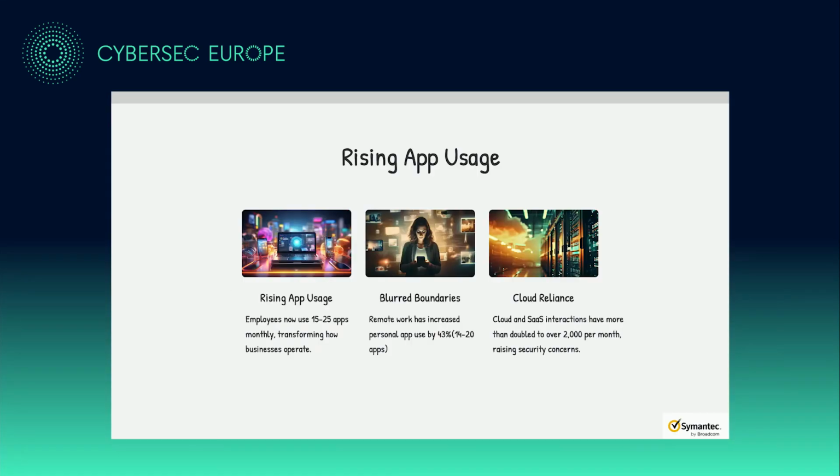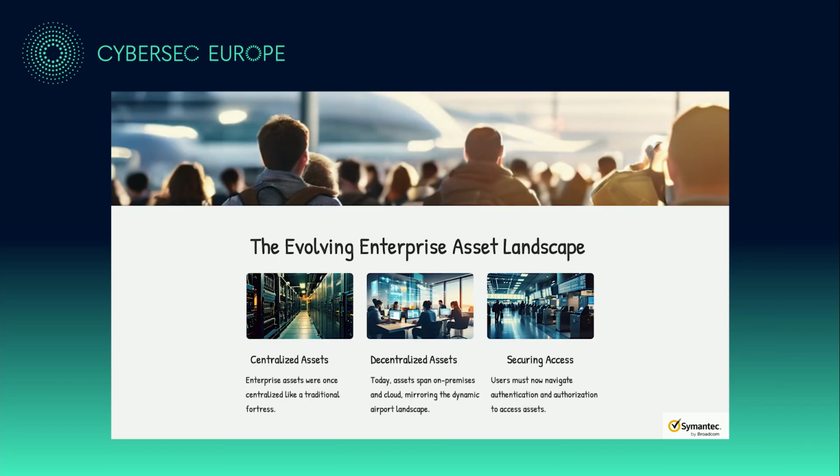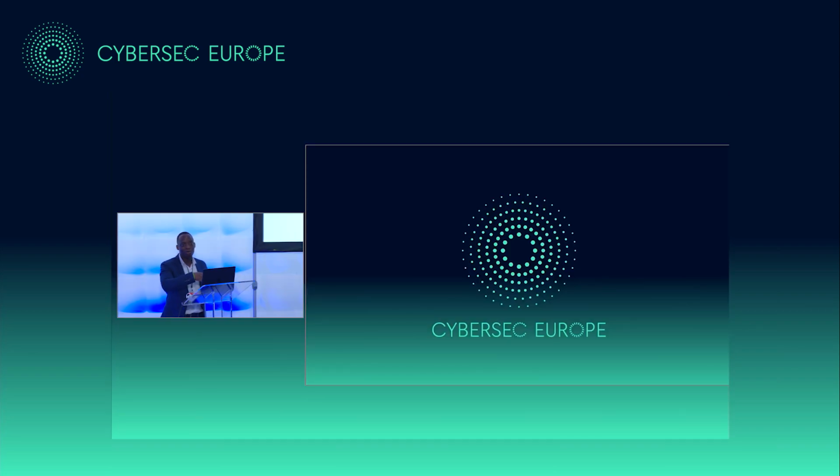So this means the landscape of the company network is really evolving. Before, we were in this fortified castle defense perimeter, where we had all the assets of the customer in the data center, and we are moving now.